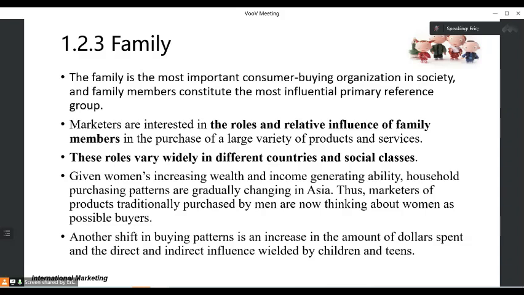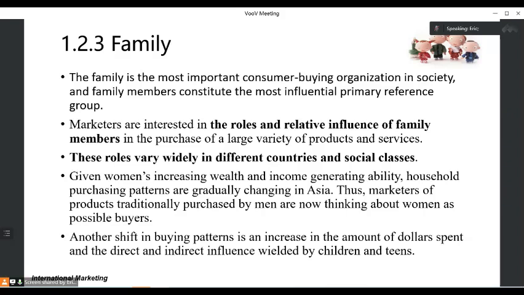So we find that the role in family purchasing is changing. Women get more and more power in family purchasing.